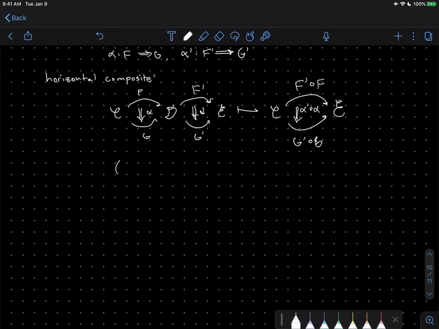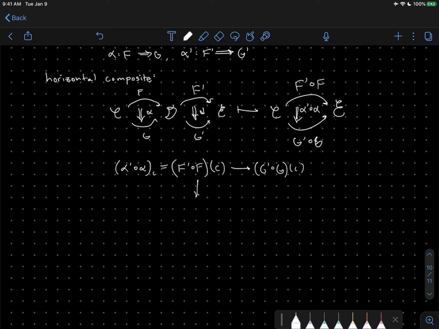So what is the component alpha prime circle alpha at C? Well, it's going to be a map from F prime circle F of C to G prime circle G of C. How is this going to work?